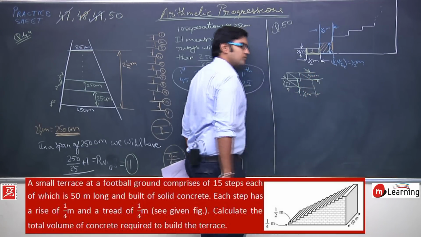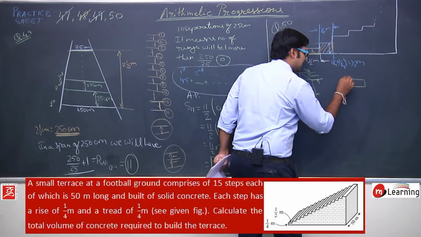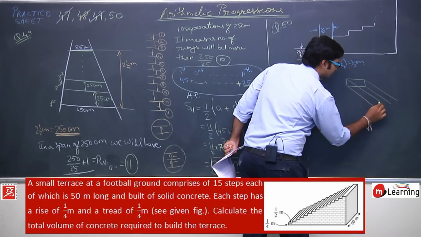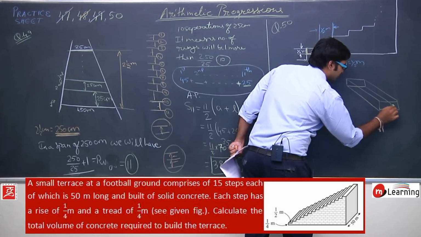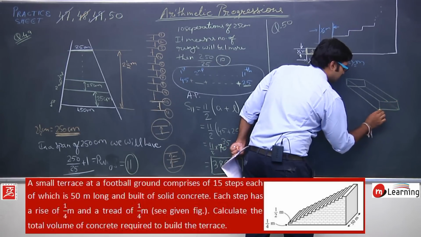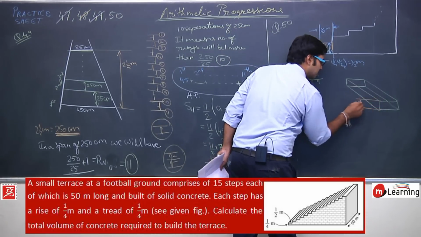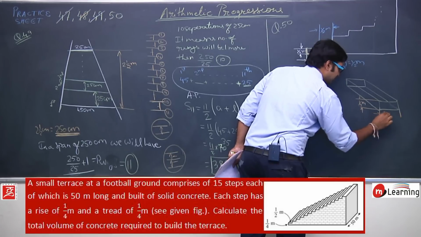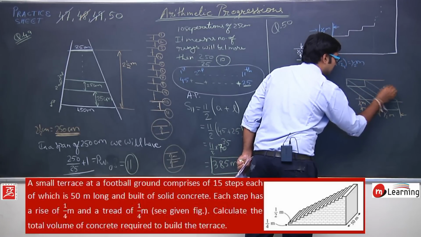Okay, so I think you can imagine what I am trying to say, this is a step and it is like this. So this is the step. This length is 1/4 meters, this length is 1/2 meters and this length is 50 meters.